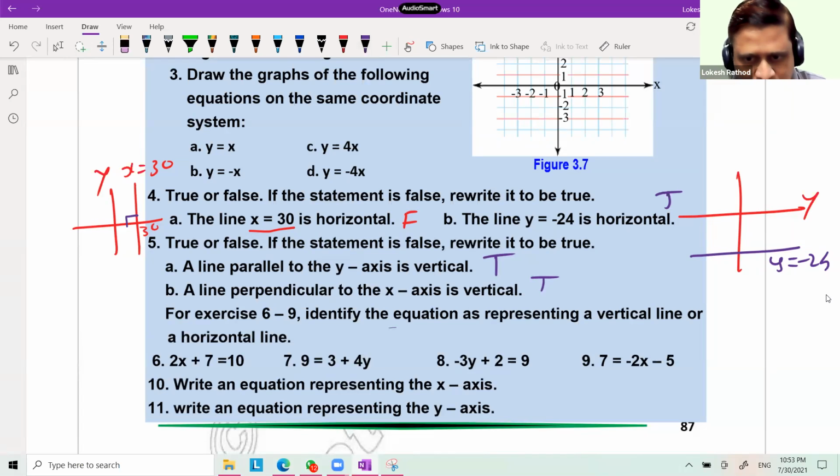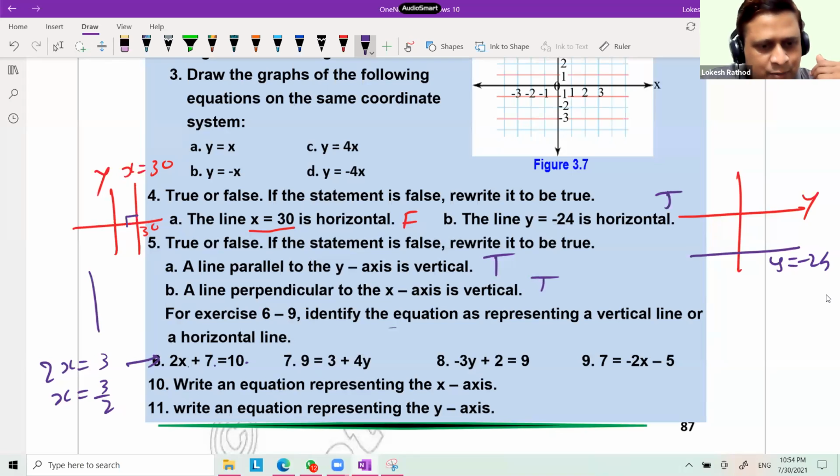Now identify the equation representing a vertical or horizontal line. So 2x plus 7 equal to 10 means 2x equal to 10 minus 7, or x equal to 3 over 2. So it is an x equal to constant type of line. An x equal to constant type of line will be this kind of line, say at 3 over 2.